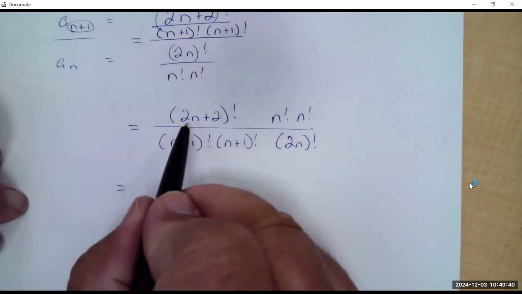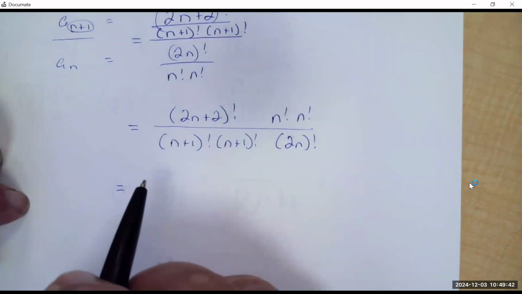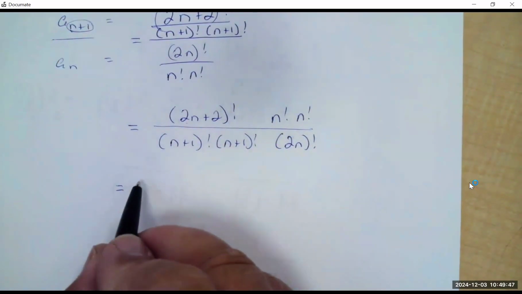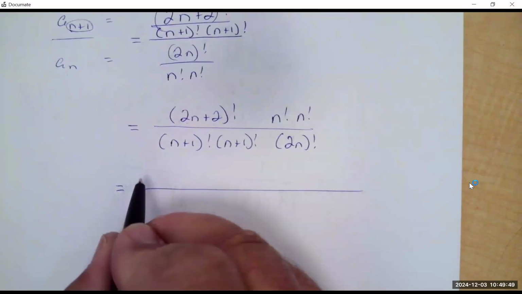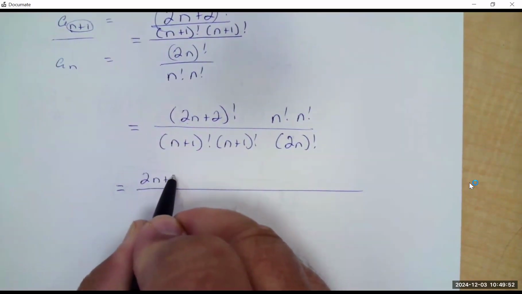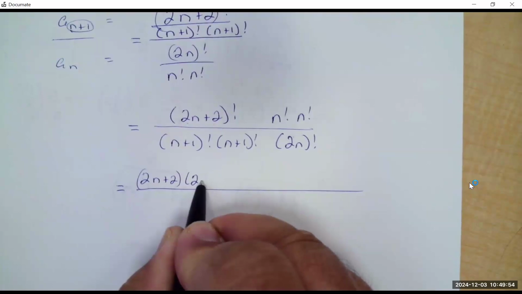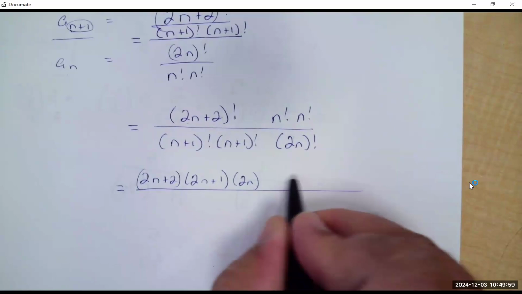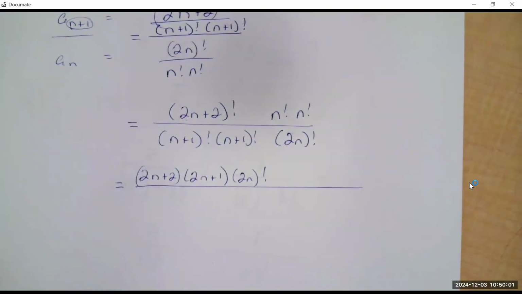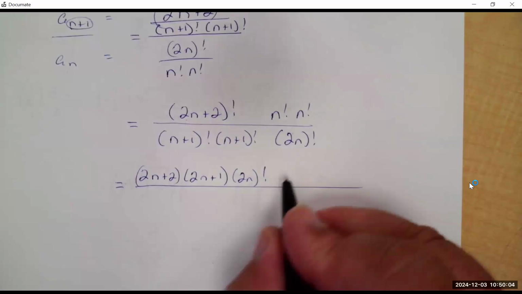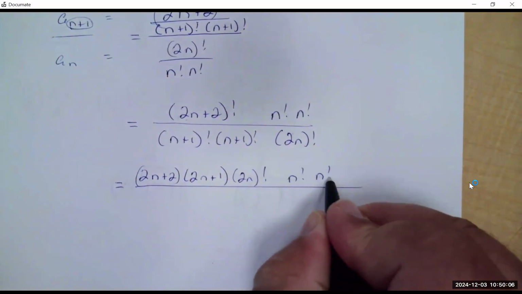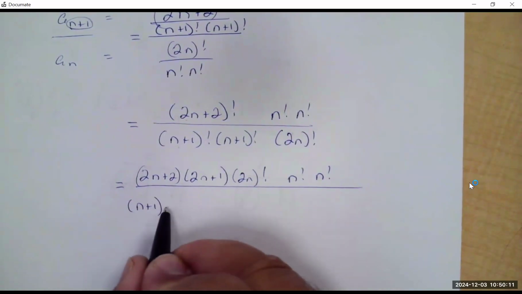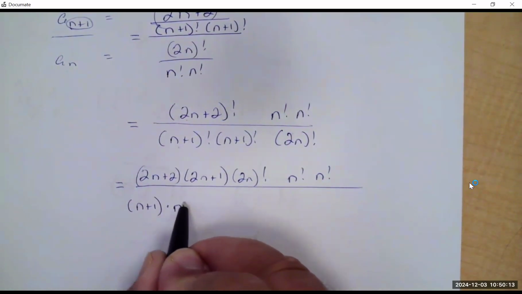Look at the 2n plus 2. The 2n plus 2 means this: 2n plus 2 times 2n plus 1 times 2n all the way down. So now then it's factorial. N factorial, n factorial. N plus 1 factorial means n plus 1 times n factorial.